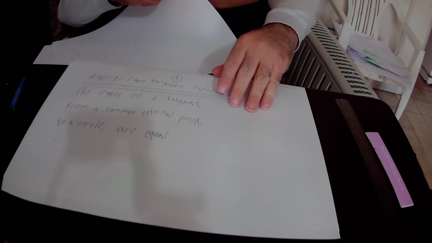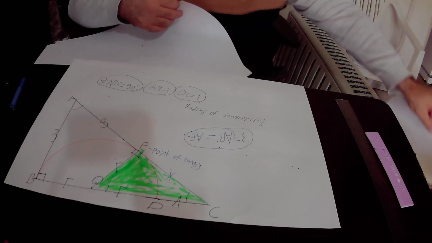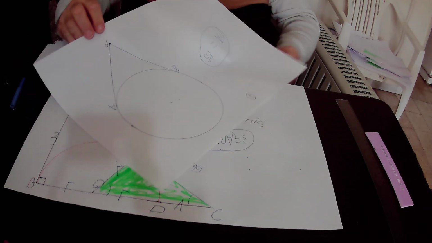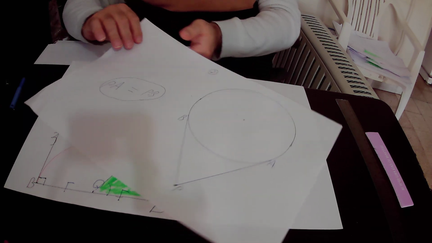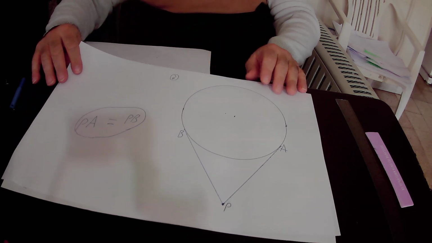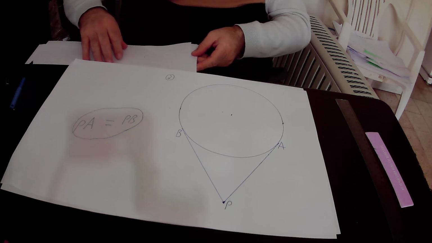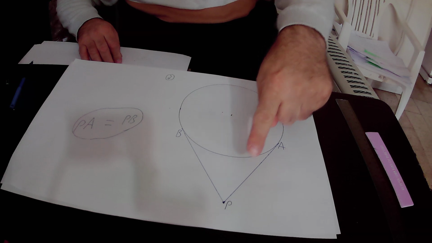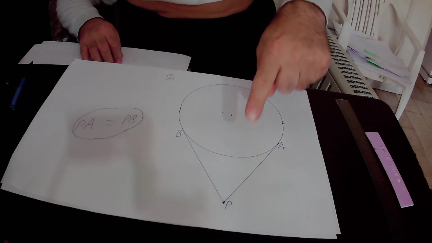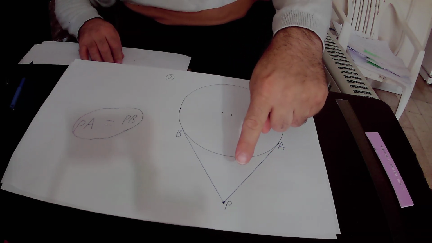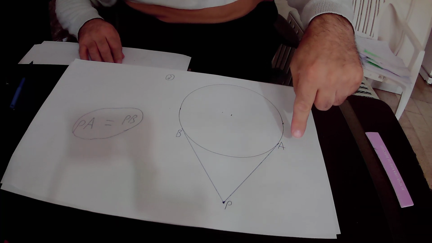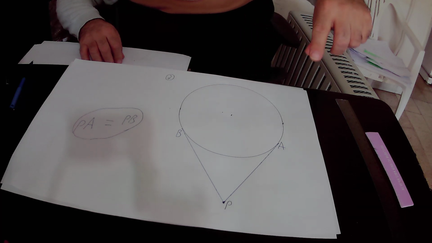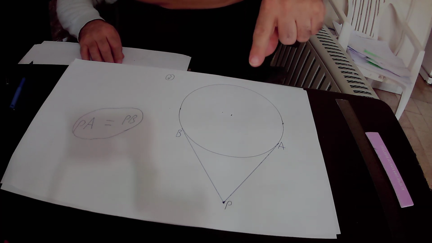If you have this black circle and an external point P, and from the external point P we draw two tangents to this circle, tangent PA and tangent PB, then the lengths of those two tangents are equal to each other.